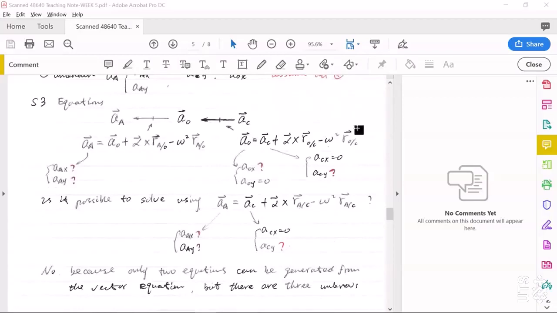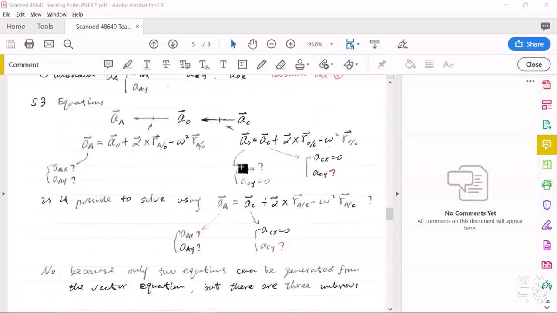Here, for this equation, we can solve AOX and ACY. But again, if we remember the conclusion, we can actually use it to get AOX and ACY directly. And this can save our time because we don't need to do this relative acceleration analysis or this vector calculation.